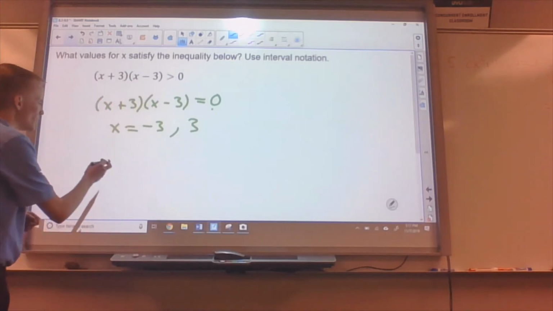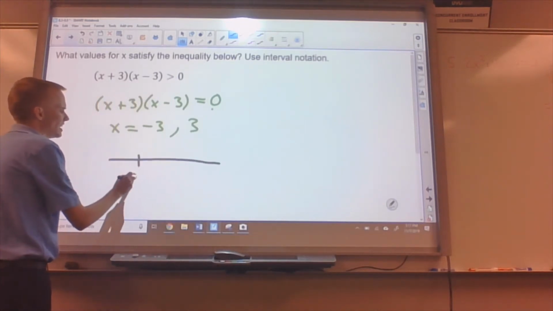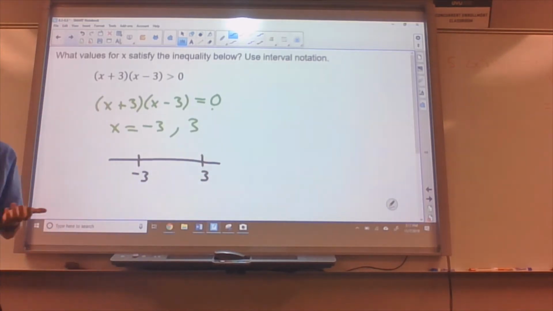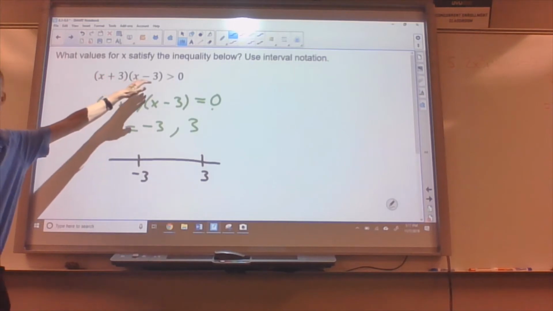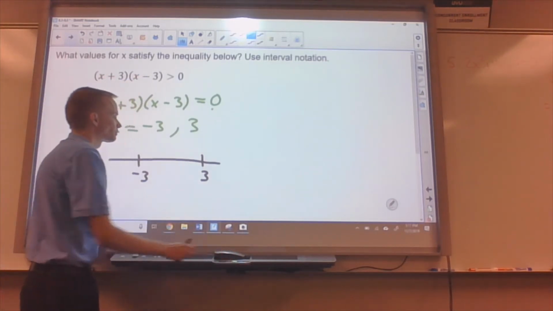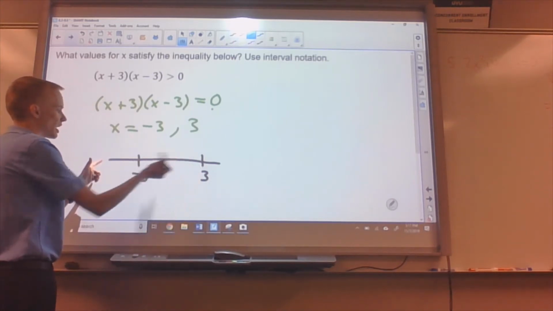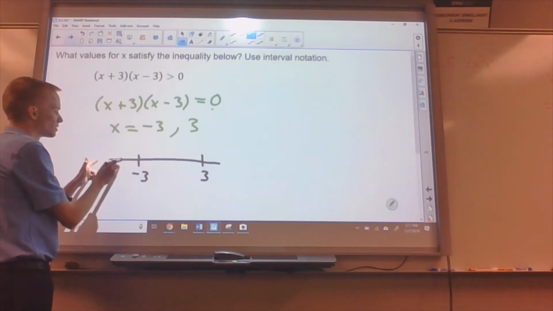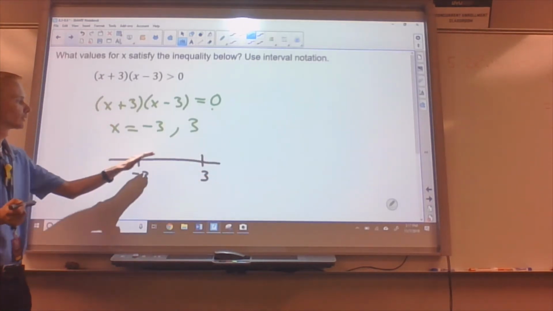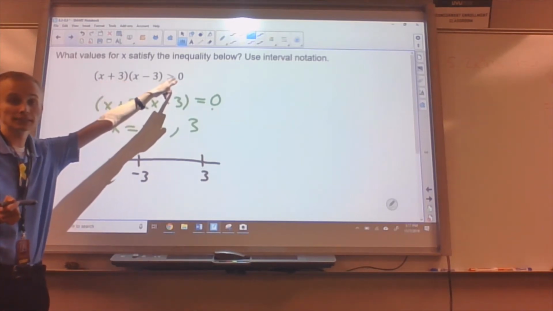So then we think, well, we know negative 3 and positive 3 are places where this could change from being positive to negative. I just need to figure out what chunks of the number line actually have this thing being greater than 0.